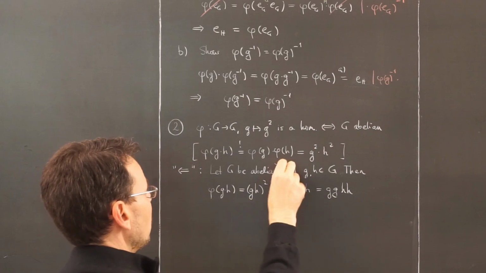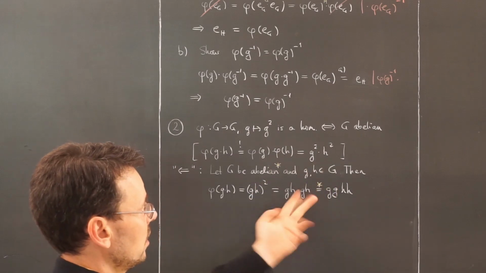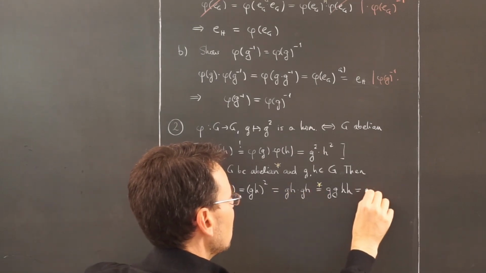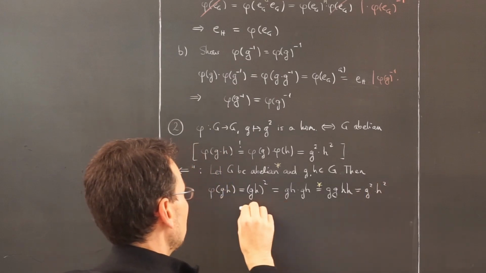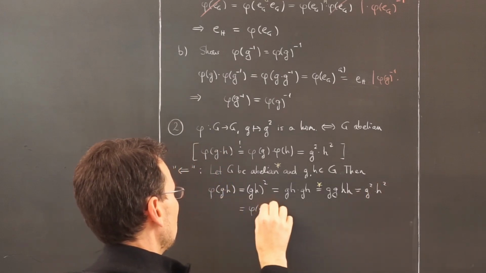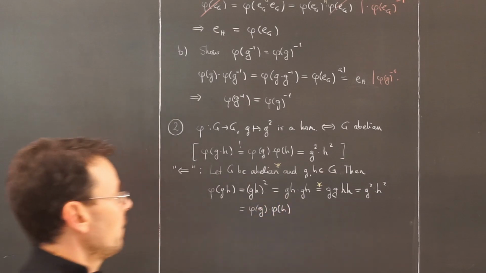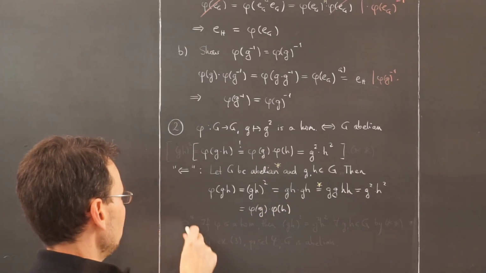But now, since G is abelian, I can switch the orders here and I end up with G squared times H squared, which is exactly what I want. So phi is a homomorphism. Write that down for yourself.